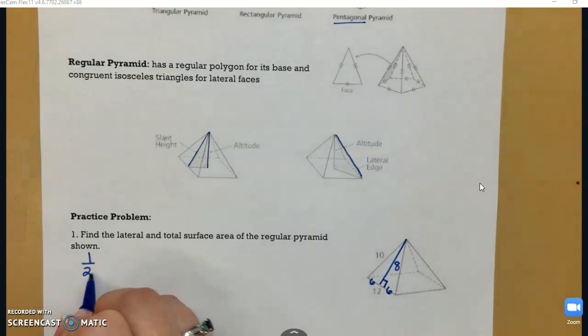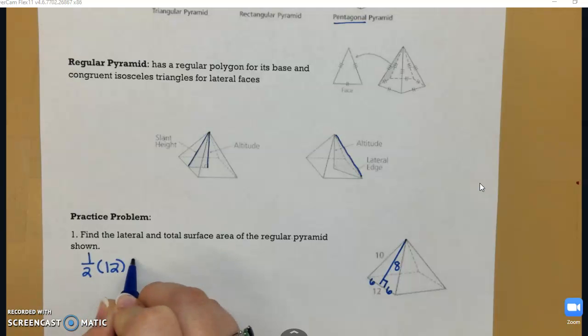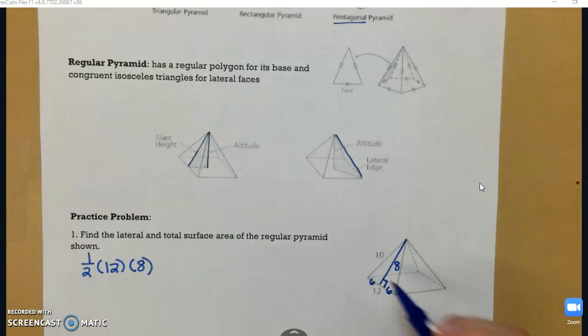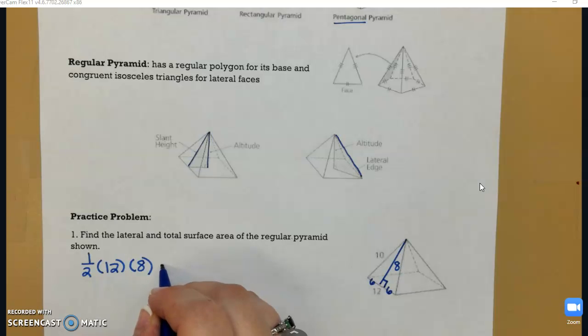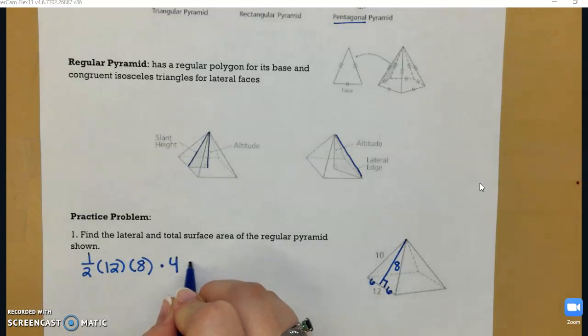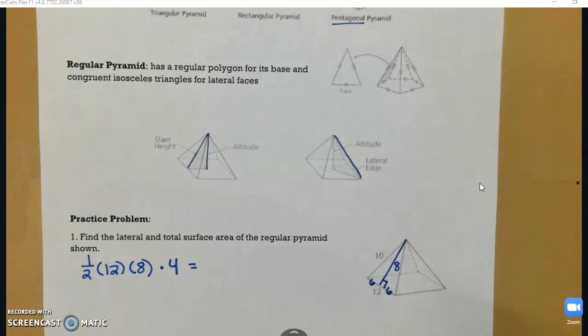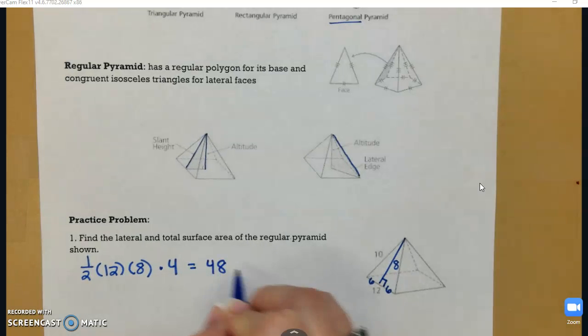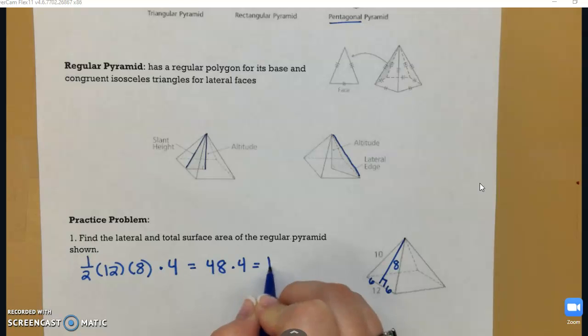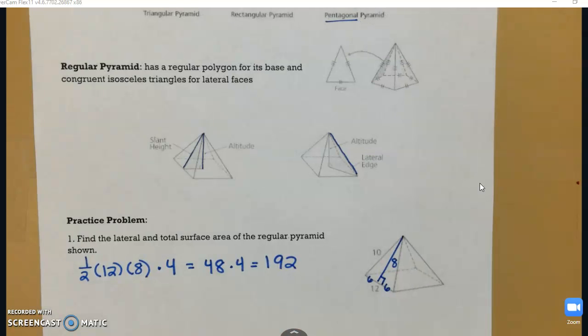So 1/2 base times height is the area for all 4 of these lateral faces. For my lateral surface area, 1/2 times 12 times 8 is 48, and there's 4 of them. It's going to be 192.